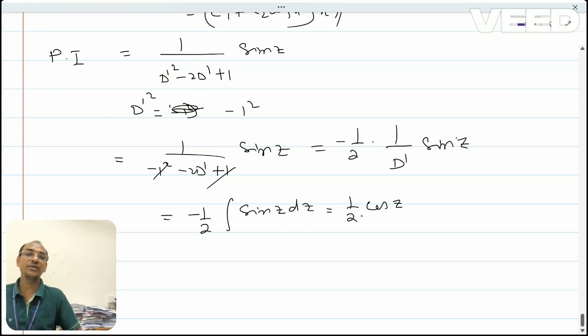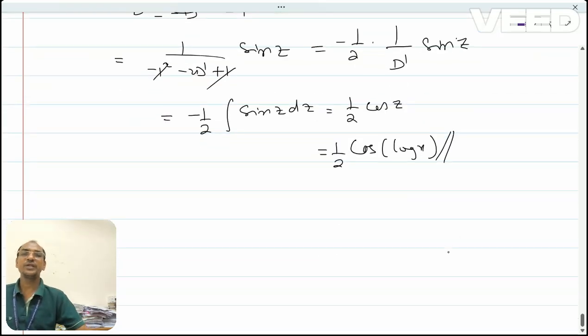But z is nothing but log x, so 1 by 2 cos of log x. So this is your PI. Once after getting the PI, you can write your complete solution as CF plus PI. That will give you the complete solution.